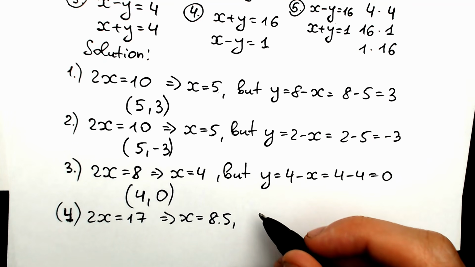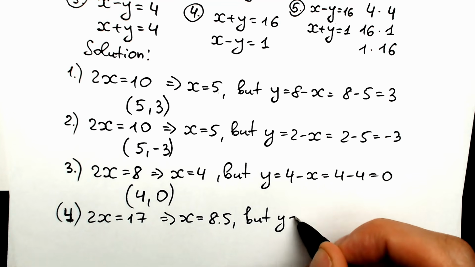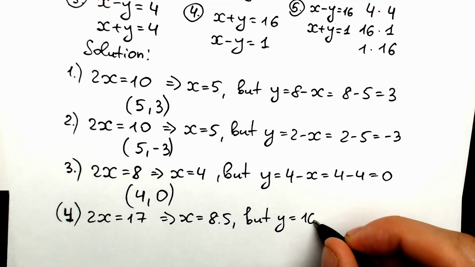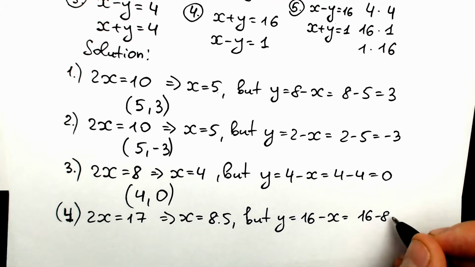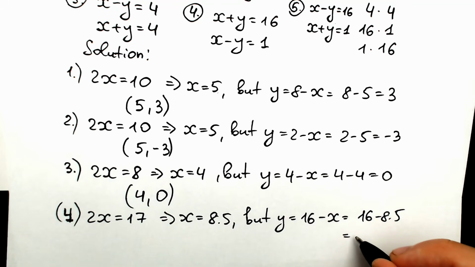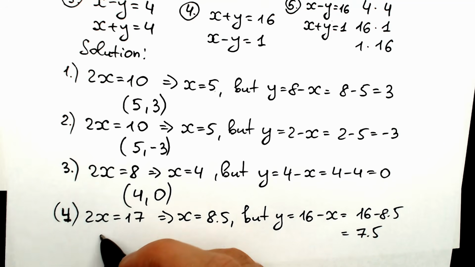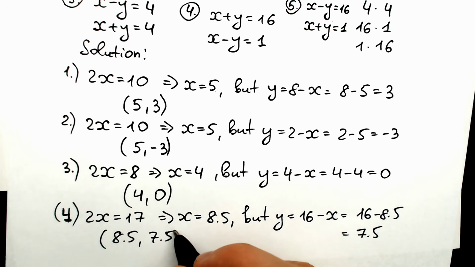As for y, it is equal to 16 minus x, so we have 16 minus 8.5, and y is equal to 7.5. This is our fourth pair: 8.5 and 7.5.